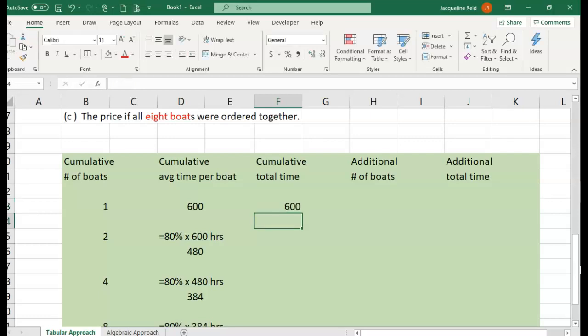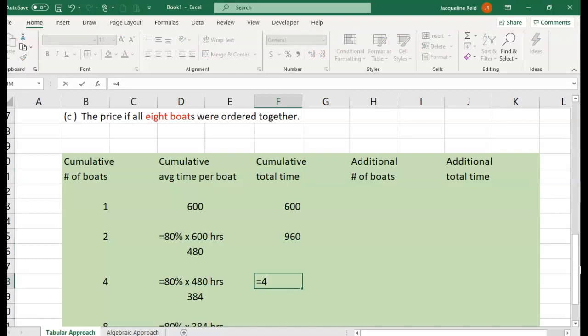Let's look at the cumulative time for 2 boats. If the average time to make 1 boat is 480 hours, it means that if they're going to make 2 boats, they should expect it to take in total 960 hours.